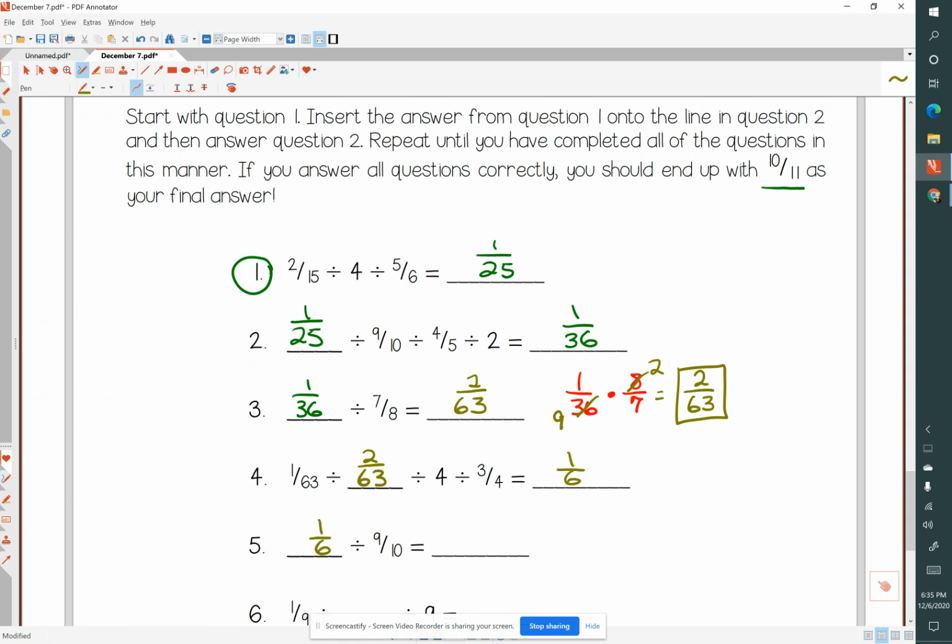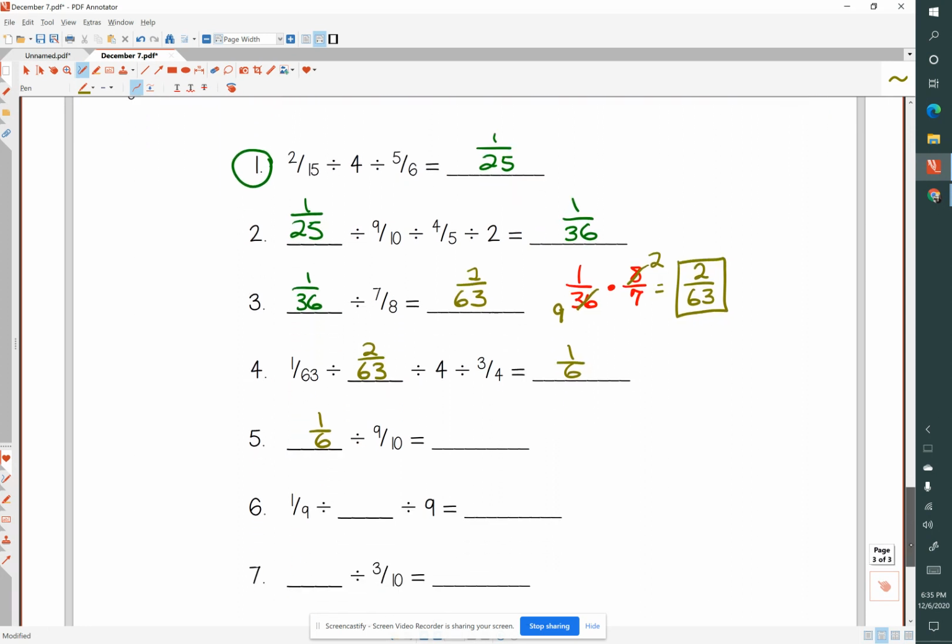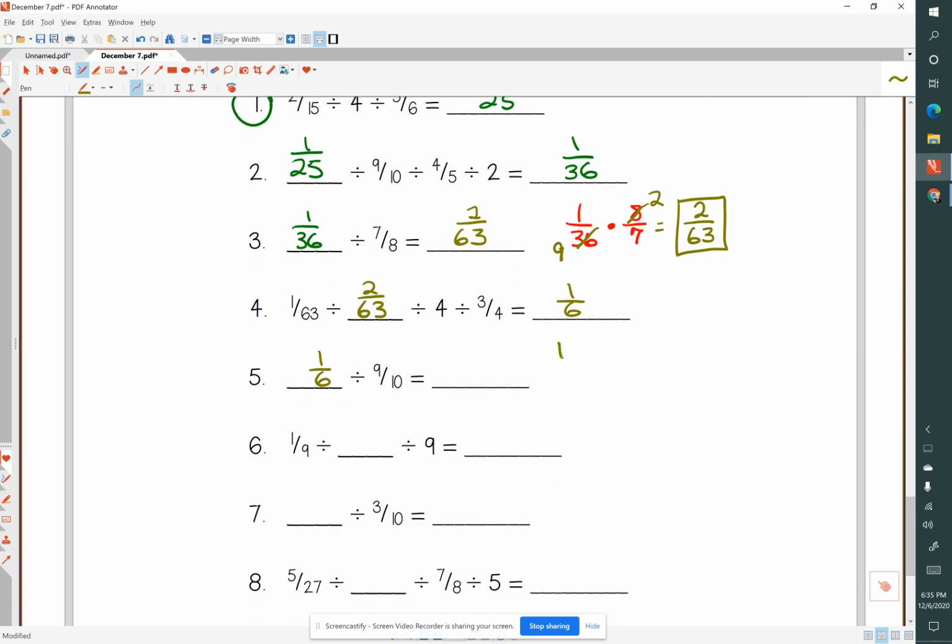And I can do this next problem right on the page here. 1/6 divided by 9/10 will be rewritten as 1/6 times 10/9. And let's simplify. 10 and 6 are both divisible by 2.